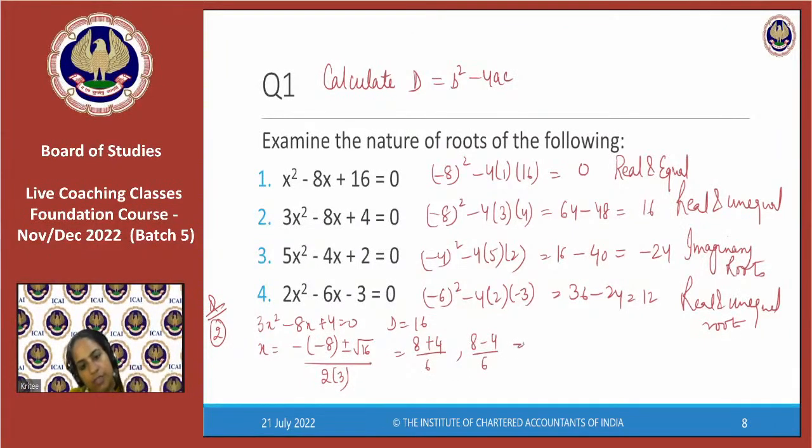So your answer is 2 and 2 by 3. Oh, yes, thank you for correcting. Still, it is real and unequal. Okay, I hope now solving the equation is not a problem.